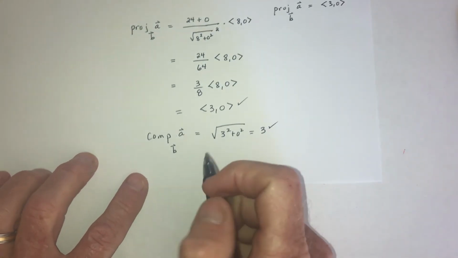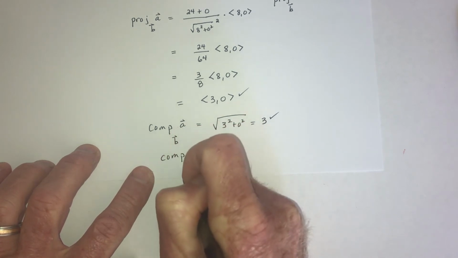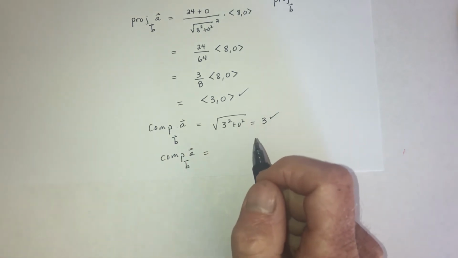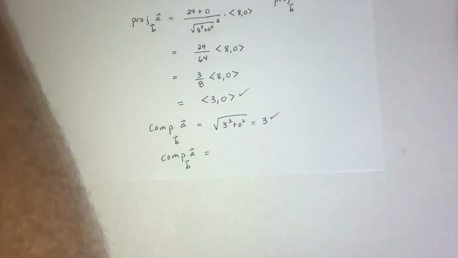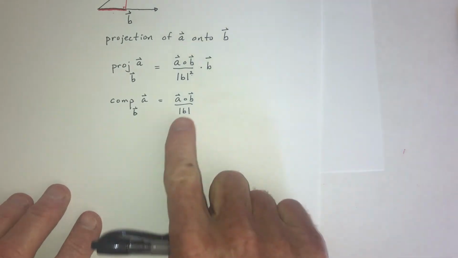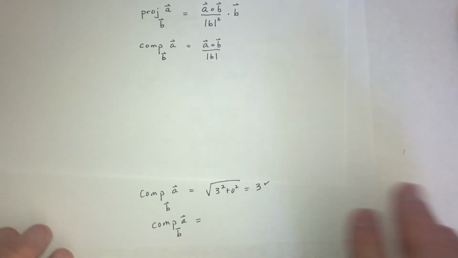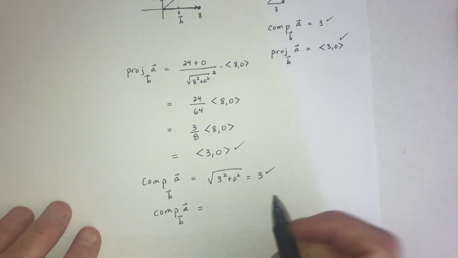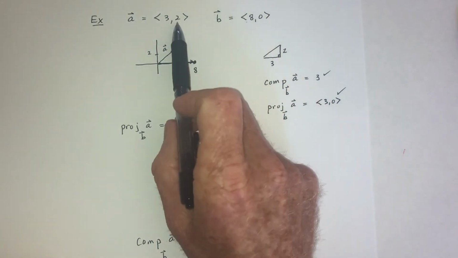Or I could use the formula, the component of A onto B is equal to, so now I want to use my component formula using this guy right here. So that would be the dot product of the two vectors. I need to be able to see the two vectors. So that would be 3 times 8 plus 2 times 0.